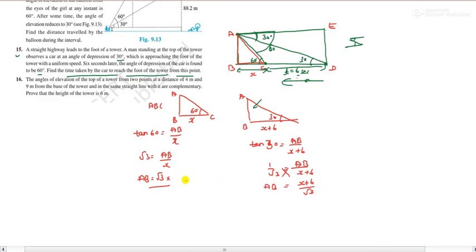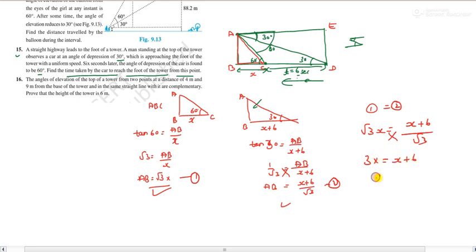Now this and this AB are equal. So name this as 1, this as 2. Now 1 is equal to 2, which means root 3x is equal to X plus 6 by root 3. Do the cross multiplication, you will get 3x equals X plus 6. So 3x, bring this to LHS, minus x equals 6. 2x equals 6. Therefore x is 6 by 2, which is equal to 3.